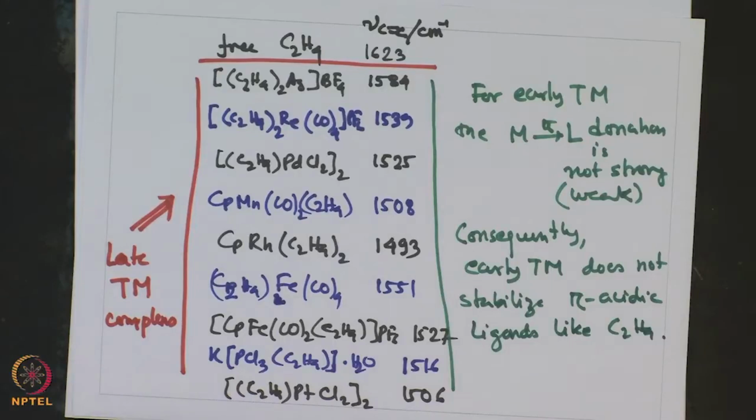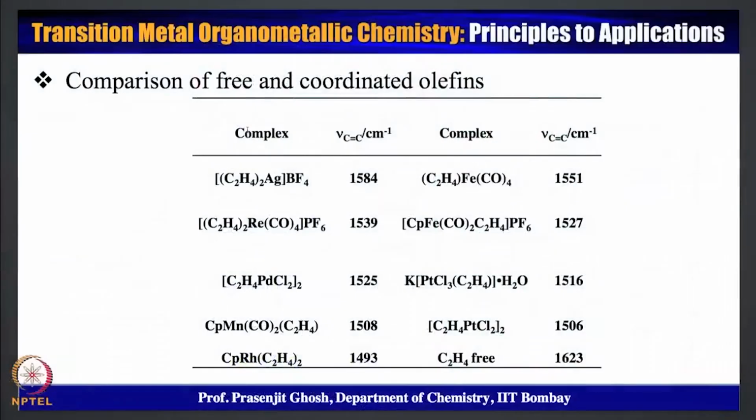So, that is a very interesting observation, in the sense that in absence of the metal to ligand back donation, it is very difficult to have a transition metal olefinic complex. Just simple sigma donation from the ligand to the transition metal is not sufficient to stabilize olefinic complexes, and the metal should be electron rich enough to participate in metal to ligand pi back donation, otherwise the olefinic complexes would not be stable. That is the second observation.